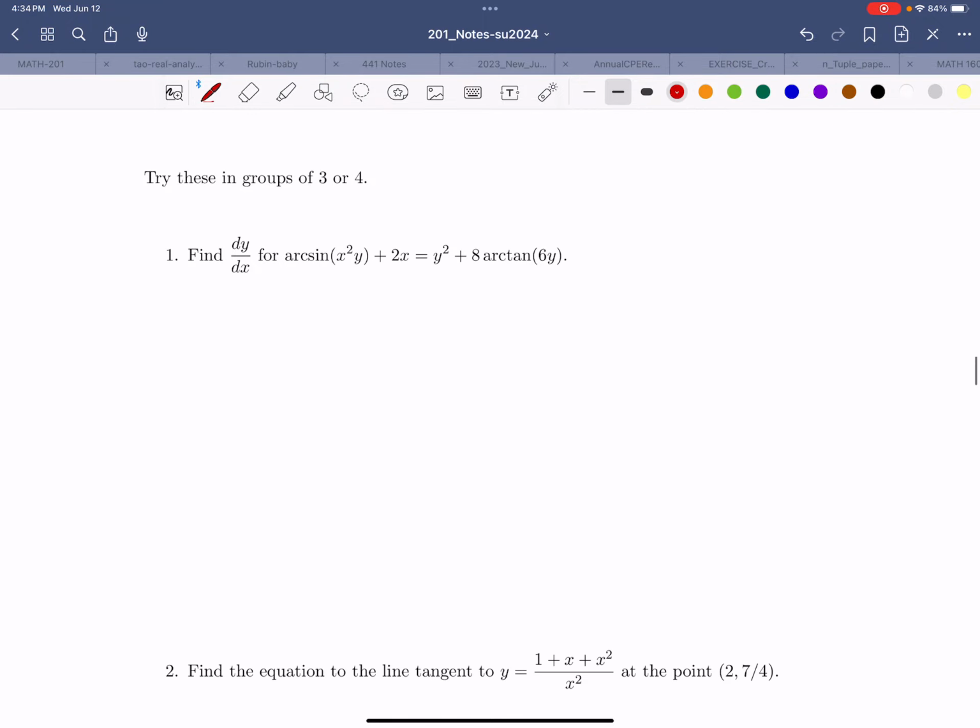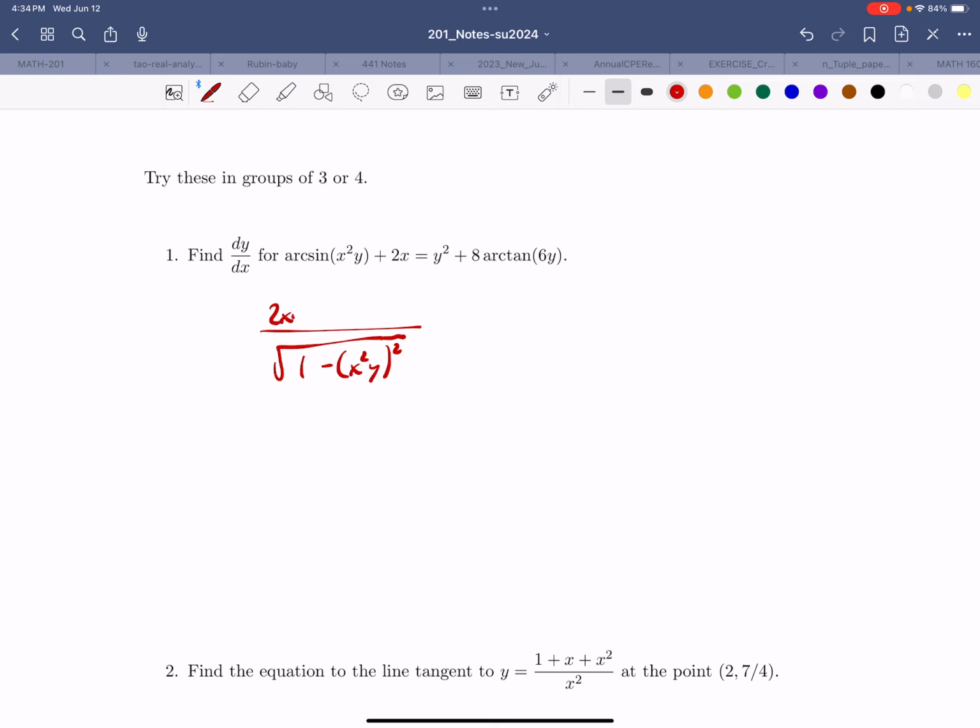All right, and I say to try these in groups of 3 or 4, but let's see if we can just knock some stuff out now, right? See if we can find the derivative. Right now we're combining implicit differentiation with inverse trig functions. So we're going to get 1 over the square root of 1 minus x squared y quantity squared, that whole thing squared, times, so maybe I'll just put it in the numerator here, the derivative of x squared y.